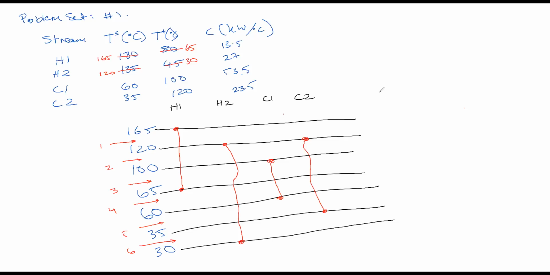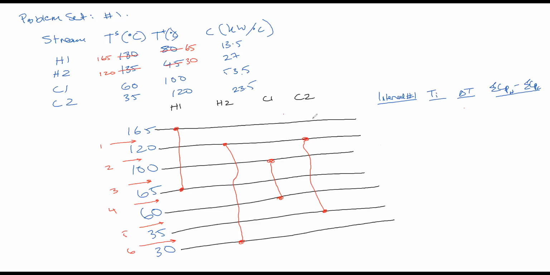The first one is interval number. The second one is your initial temperature for the interval. The third one is delta T for the interval. And the fourth one is summation of Cp hot minus summation of Cp cold. Okay, let's populate this table slowly.